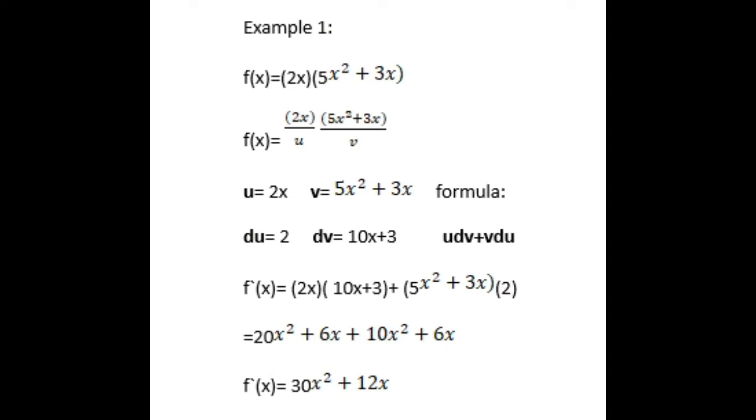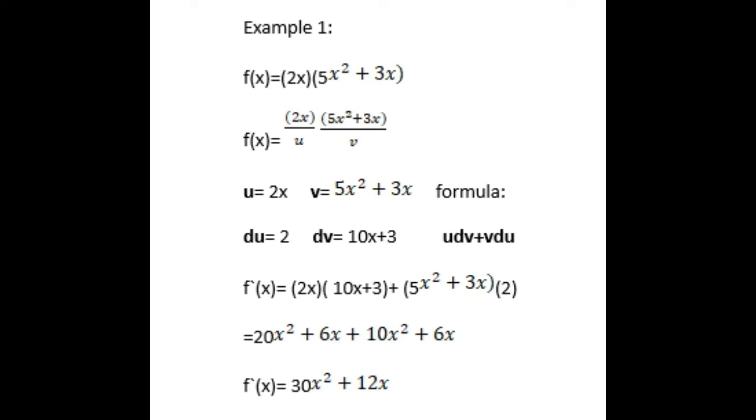Then distribute 2x to 10x, so 2x times 10x is equal to 20x squared. 2x times 3 is equal to 6x. Then distribute the other side. 2 times 5x squared is equal to 10x squared. 2 times 3x is equal to 6x.